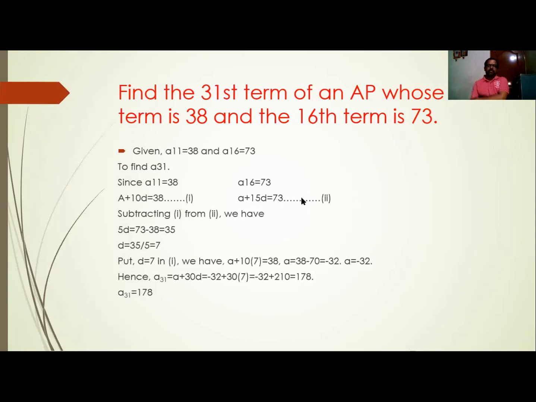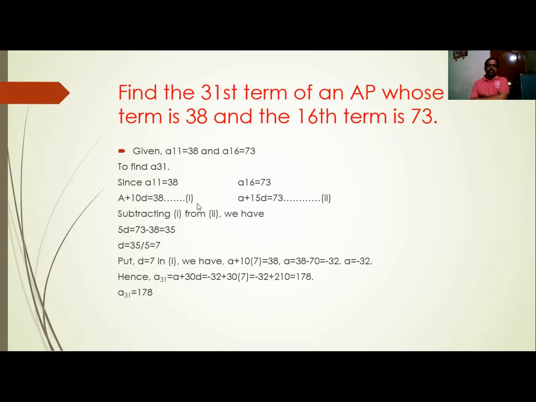Here D is the common difference of the AP. Since these are two equations in two variables, these are linear equations in two variables. We have studied how to solve such type of equations. Here, just by the elimination method, we can eliminate A easily from these two equations.